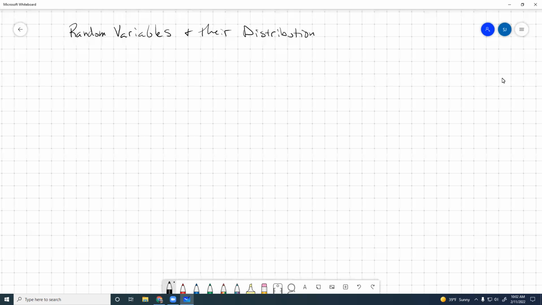Good morning, Ryan. Today we're talking about random variables and their distributions. So first we're going to define and describe discrete and continuous random variables. We kind of know that already, but we'll talk about their distributions.